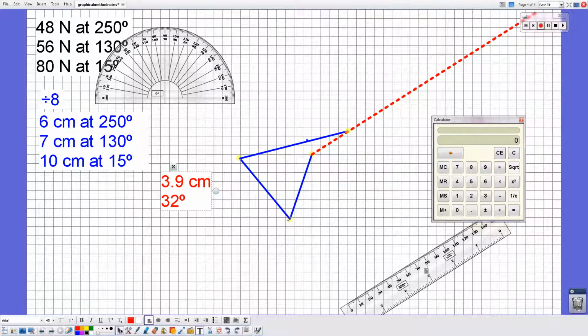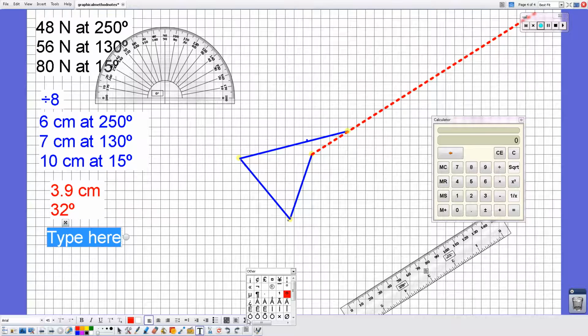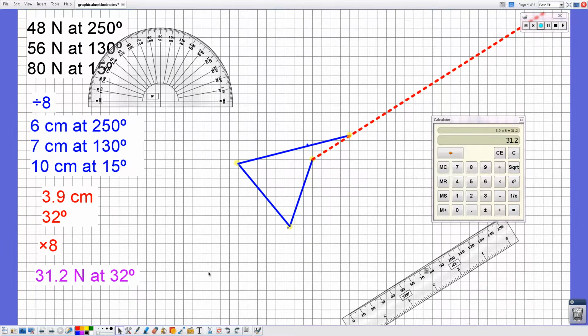Okay, so I divided by 8 before, so I'm going to multiply by 8 now, and that gives me my final answer. 3.9 times 8 equals 31.2. 31.2 newtons at 32 degrees.